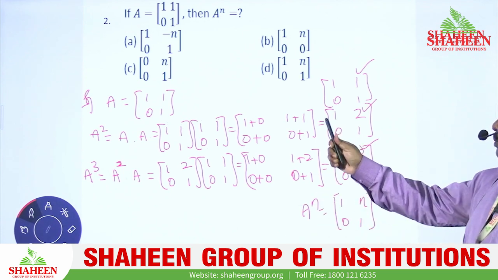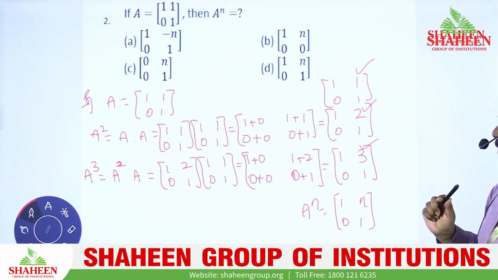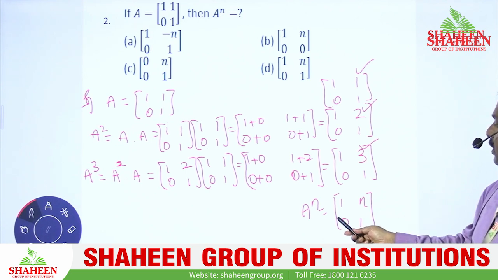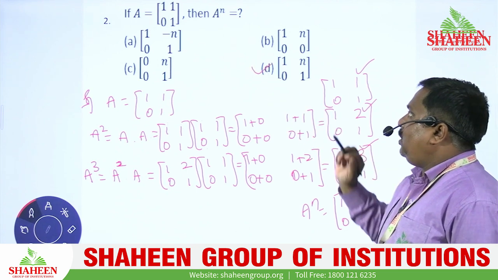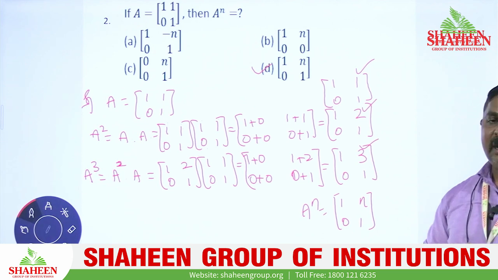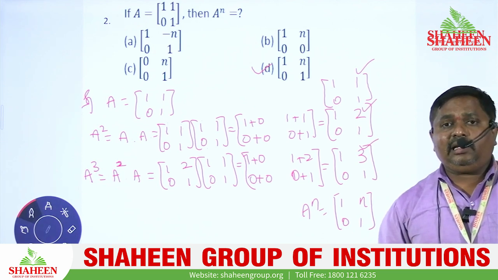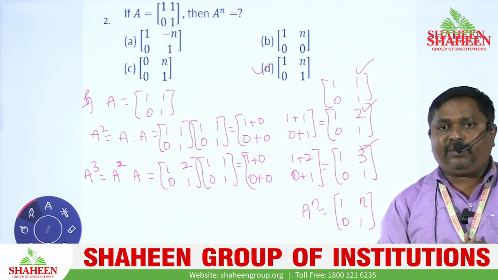So A power n matrix we are identifying from these 4 options. Where is this option? A power n equal to 1 n 0 1. 1 n 0 1 is the last option, D. Directly we can't find A power n here.